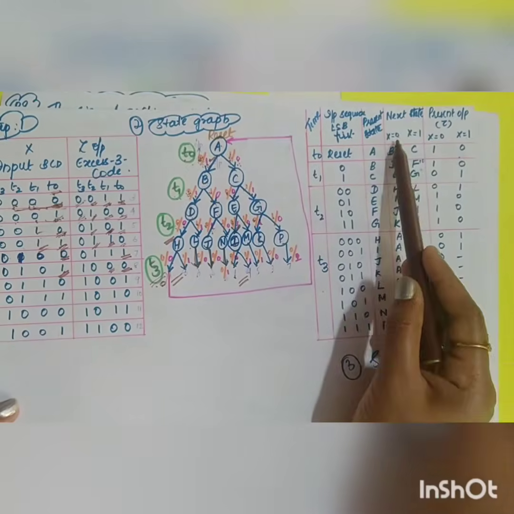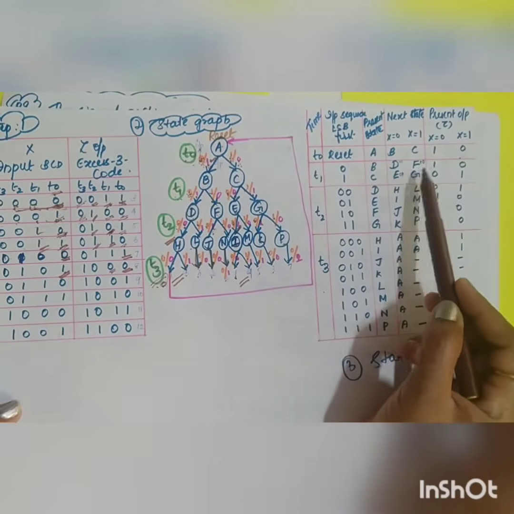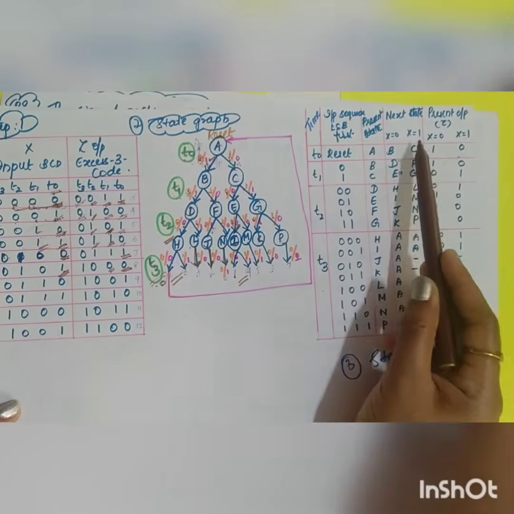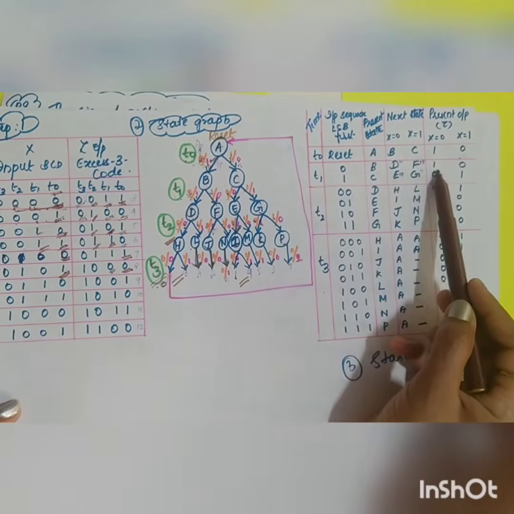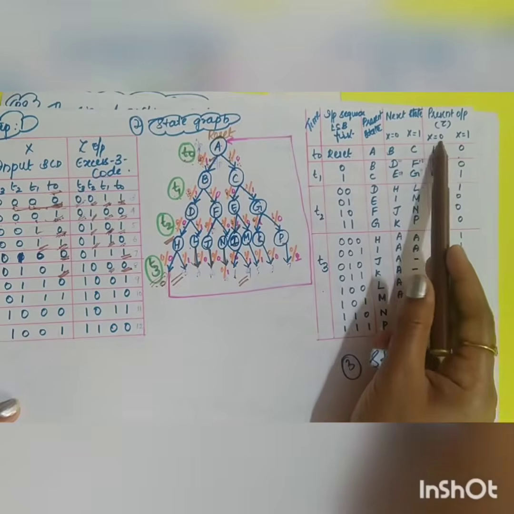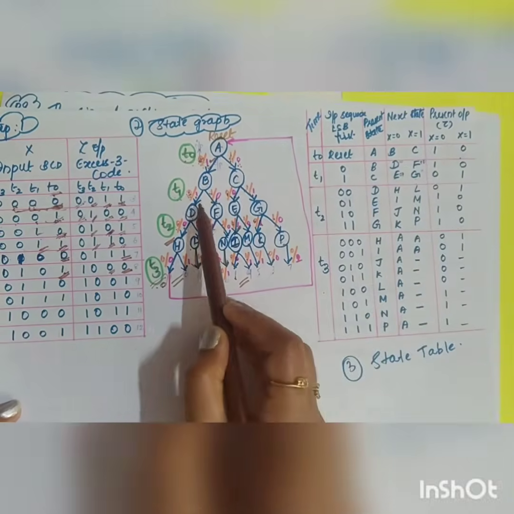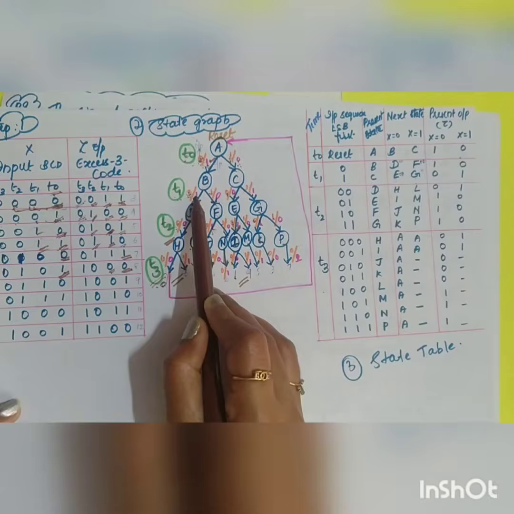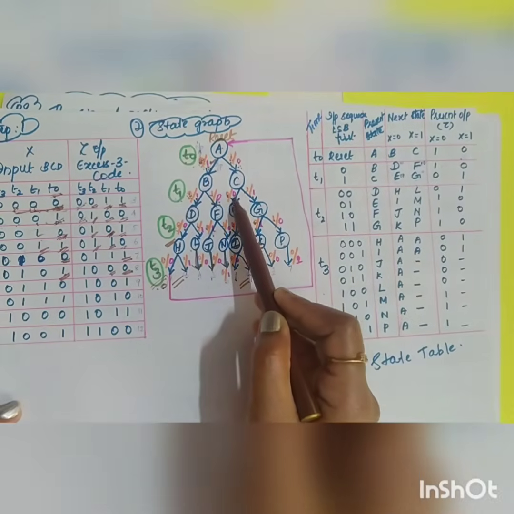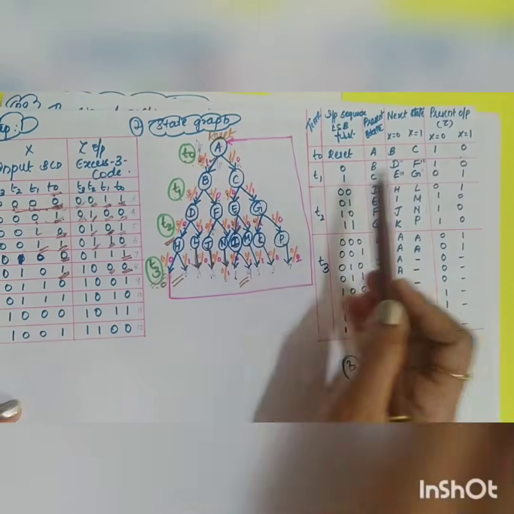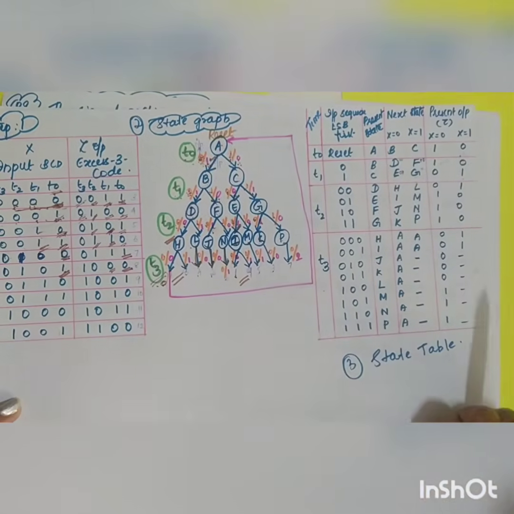E is 0, 1. When x is equal to 1, it is 1, 0 and 1, 1. So D, F, E, G. What is your output when x is equal to 0? The output is 1, 0. That is what is written here. For the C state, what is your output? 0, 1. It is written here.